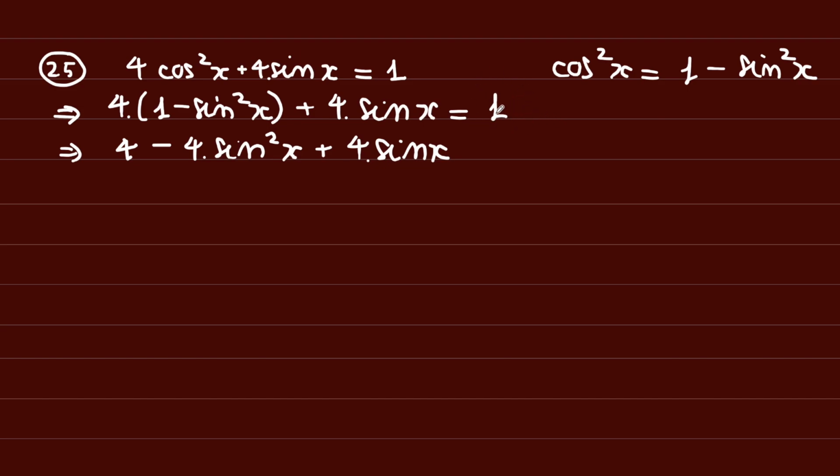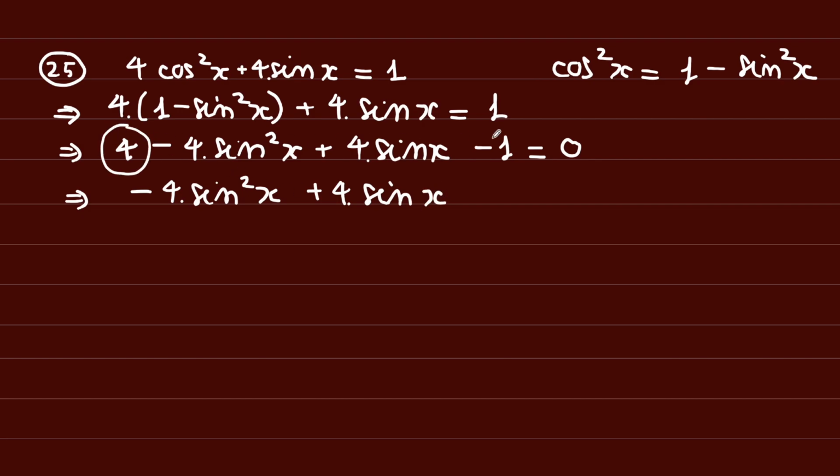And from the 1 here, from the right hand side to left hand side, you got minus 1 equal to 0. And because we have the bracket in here, after expanding, you got minus 4 multiplied by sine square h, so I need to change the position a little. This one will be the first term, and the second term will be 4 sine h. And you got 4, you got minus 1, so we have plus 3 equal to 0.